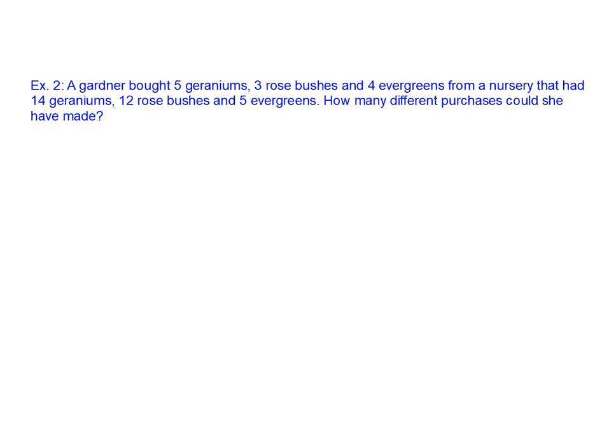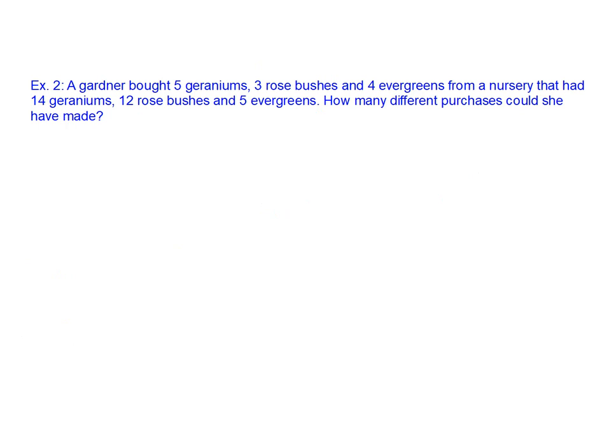Here's an application kind of question where you can use combinations. Remember, with combinations, the order is not important. That's the difference between a combination and a permutation. In this example, we have a gardener who bought some plants at a nursery: 5 geranium bushes, 3 rose bushes, and 4 evergreens. The nursery had 14 different kinds of geraniums, 12 different kinds of roses, and 5 kinds of evergreens. How many different purchases could she have made?